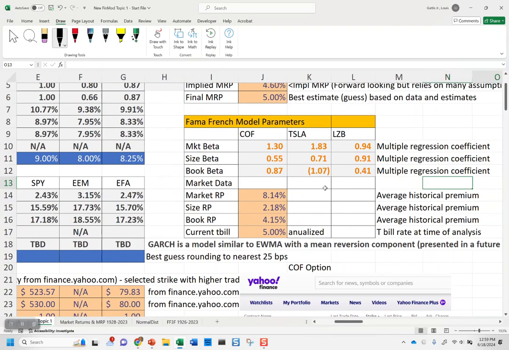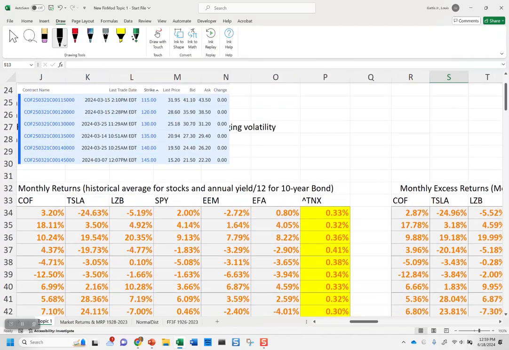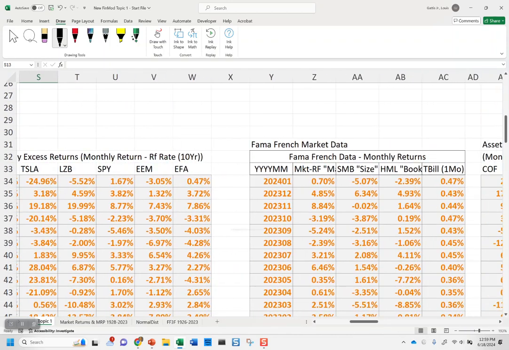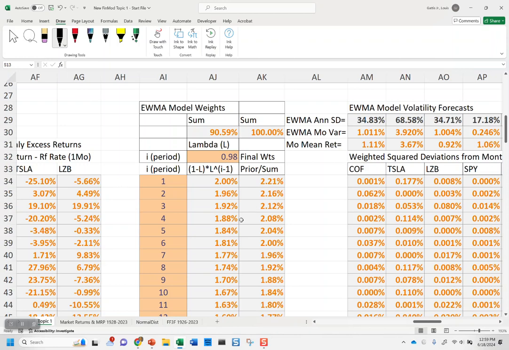Notice, I'm just going to go back to the area of the spreadsheet that has the EWMA. When lambda is 0.98, notice the first weight is about 2%, 1 minus lambda. Notice if I make lambda 0.95, the prior period's weight is 5%.